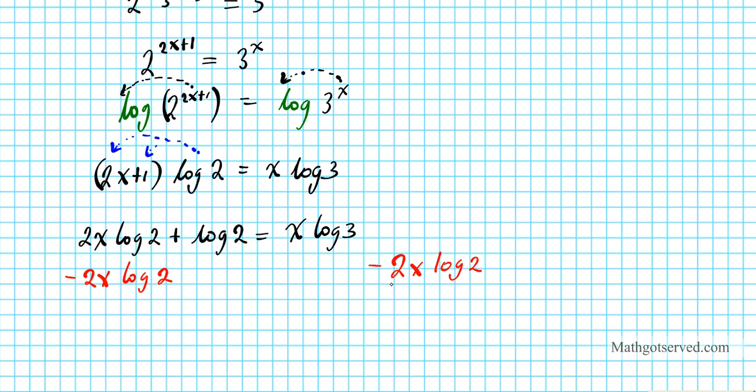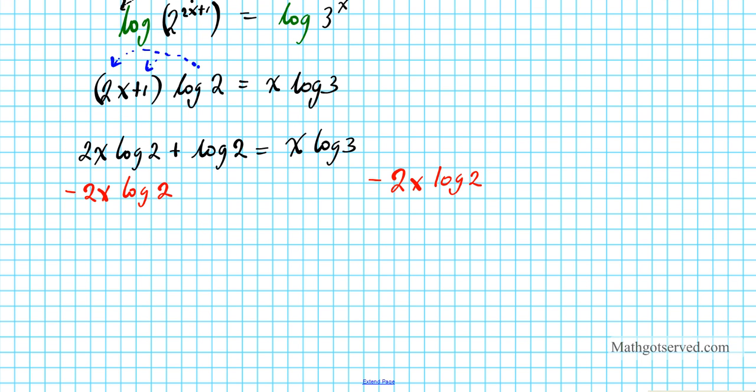So these add up to 0, and on the right side, I'm left with log 2 equals x log 3 minus 2x log 2.